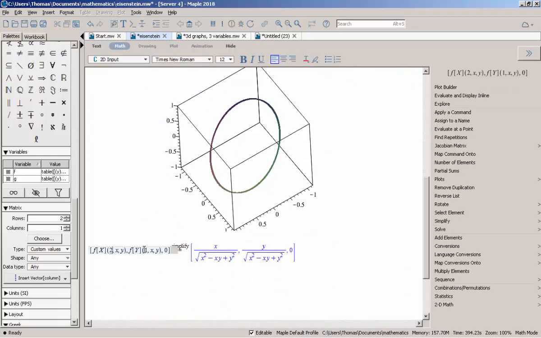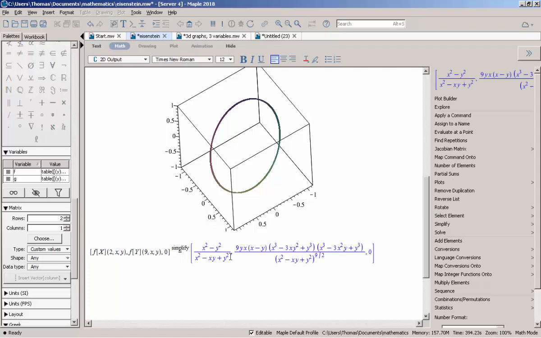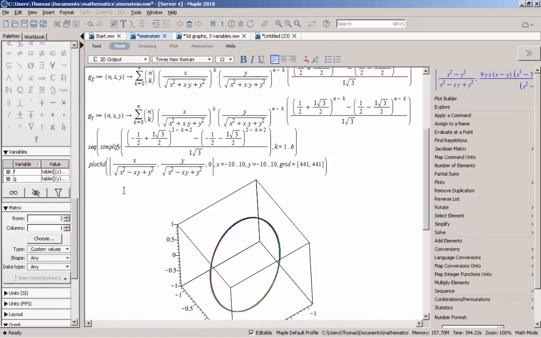If we keep these the same, it'll always be a sphere, or it'll always be an ellipse. But if we change that to a 2 and change this to a 9 and do a simplify, we'll get something. I'm not sure what we'll get.